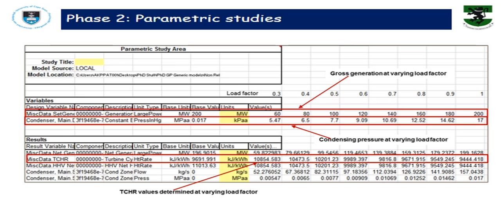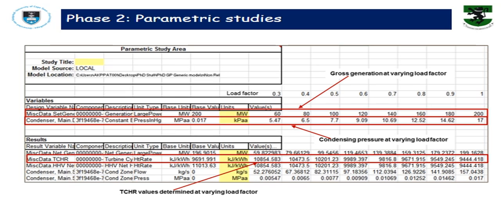For phase 2, we simply carry out a varying load analysis, and this is done with the help of the parametric feature of the VirtualPlant software. The parametric feature allows you to carry out parametric studies where you change different variables and you see the effect on the results.